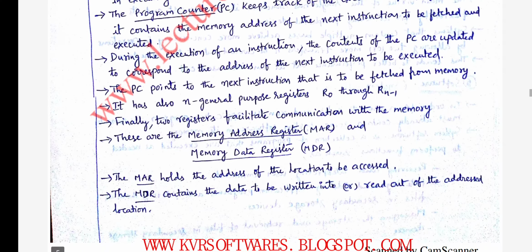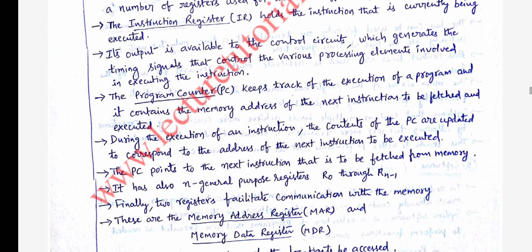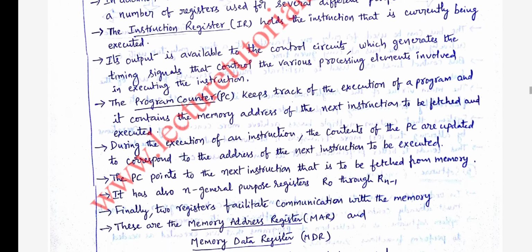So the PC points to the next instruction that is to be fetched from memory. The processor may also contain n general purpose registers which start from R0 to Rn-1.